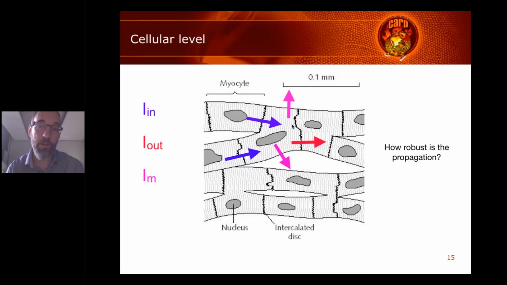Then current enters, and it has two ways to flow. It either flows out through the membrane or it flows into the next cell. And there's always a question of how robust is propagation in the cell. For that, we come up with a concept called safety factor, which I'll talk about later.